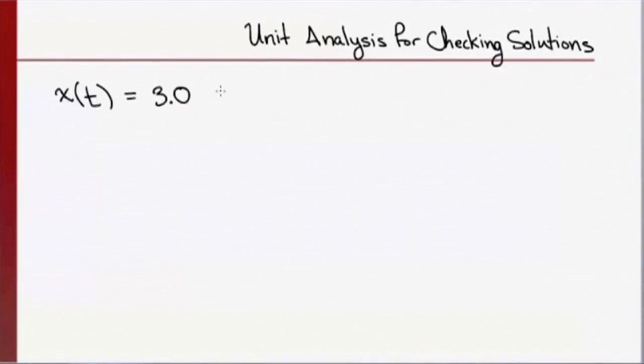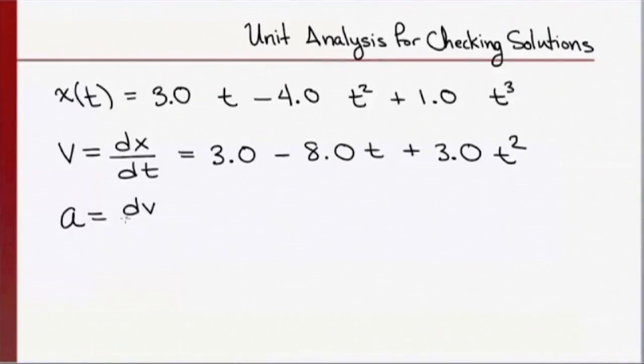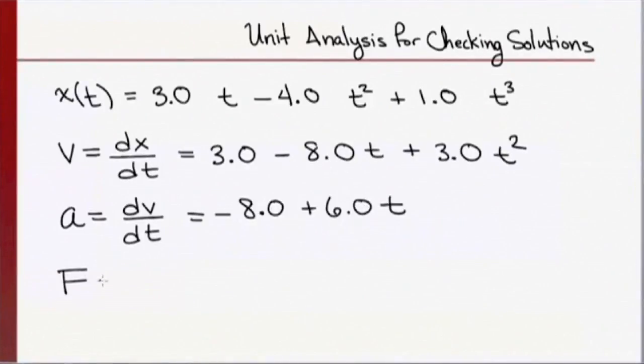All right, so here we have the position as a function of time, so let's go ahead and differentiate to get the velocity. And we'll differentiate the velocity to get the acceleration. All right, and finally, to get the force, we go ahead with F equals ma.